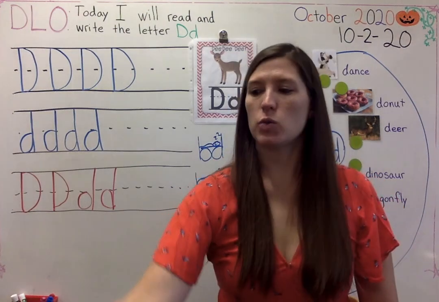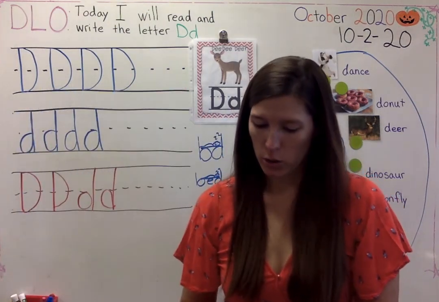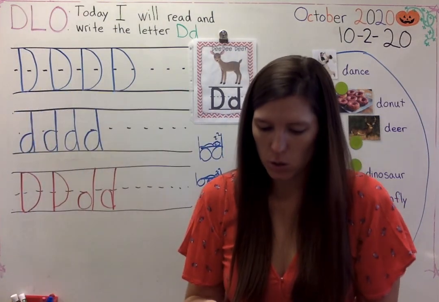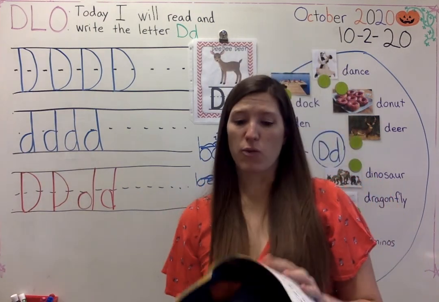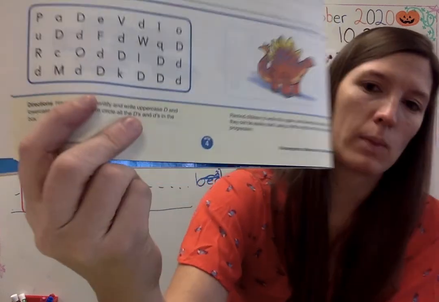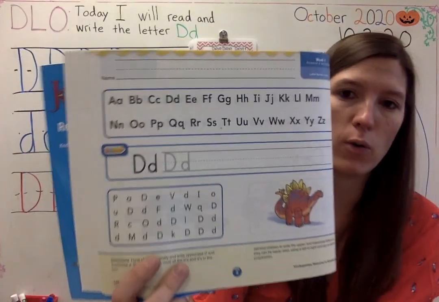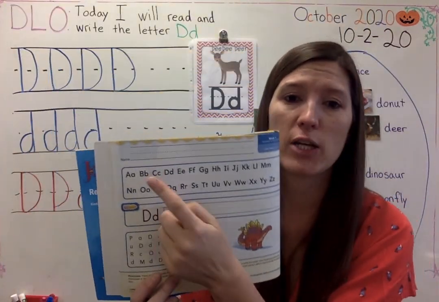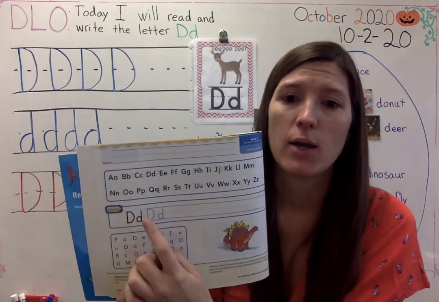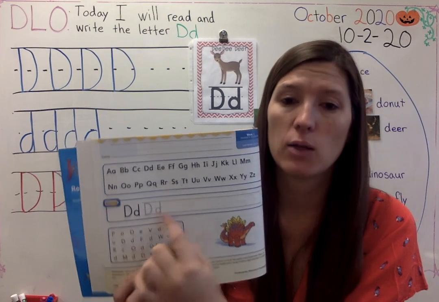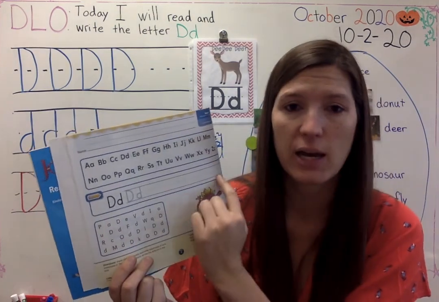Get your Journeys Reader's Notebook and turn to page WTK4. We've got D. Don't forget to write your name. Find D, circle it, trace D, and then you'll write it about 4 or 5 times.